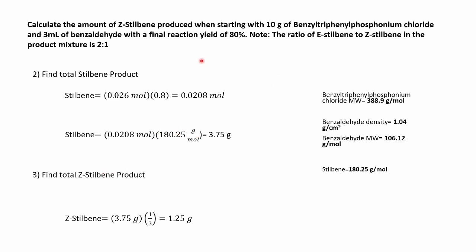Remember that the ratio of E to Z is usually 2 to 1, so about 1/3 of our product should be in the Z stilbene configuration. We just multiply 3.75 grams times 1/3, and what we're left with is 1.25 grams of Z stilbene.